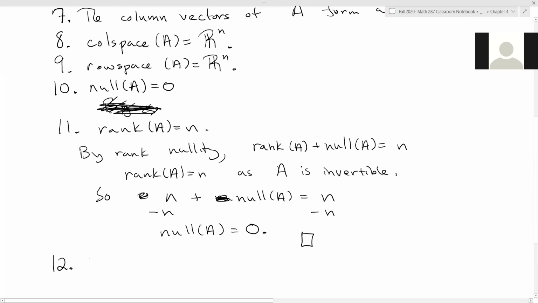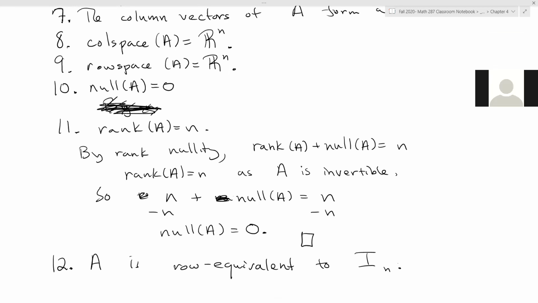12. A is row equivalent to IN, to the identity. A is row equivalent to IN. And this is proving 10.